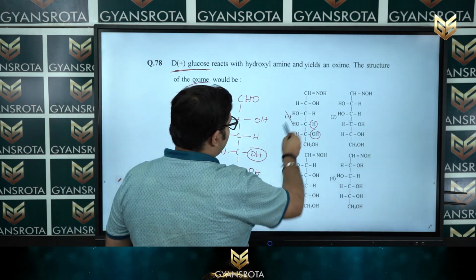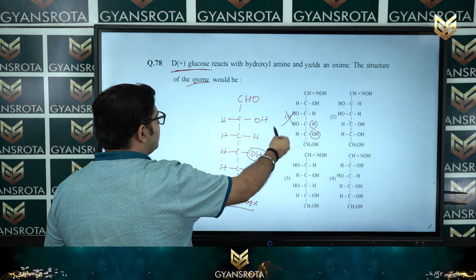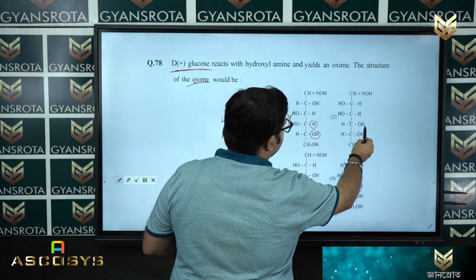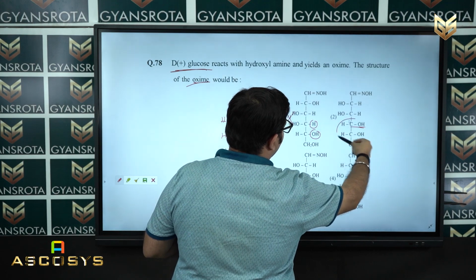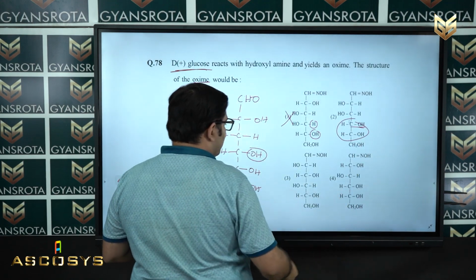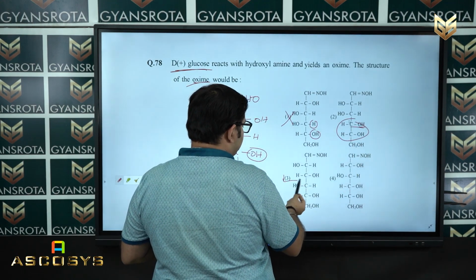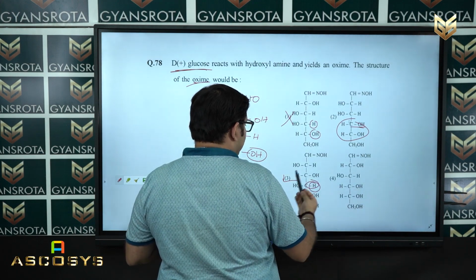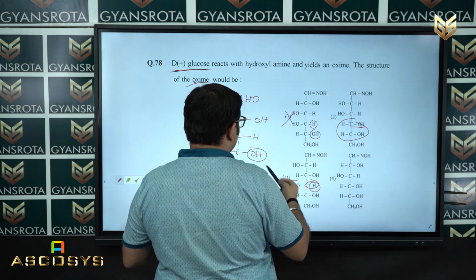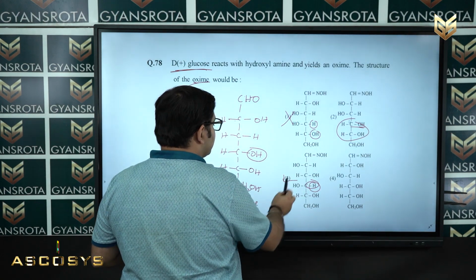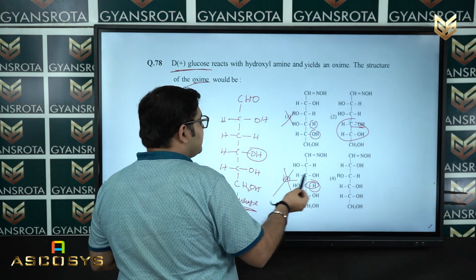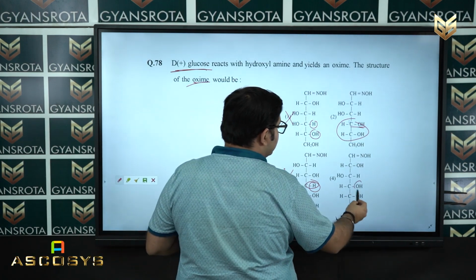So this is not our option. So it will not give you the oxime. So this is not the oxime structure. Here, yeah, this is possible because this OH will be on the right side. This may be the option. Now in option number 3 also this H will be present on the right hand side, and that structure will not be the parent structure of D glucose. So this option number 3 we can also neglect. Now if you see option number 4, here OH will be present.